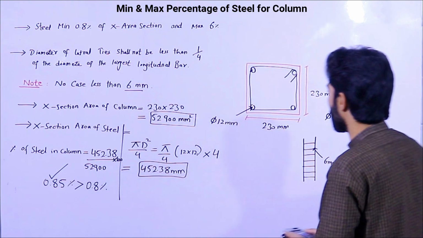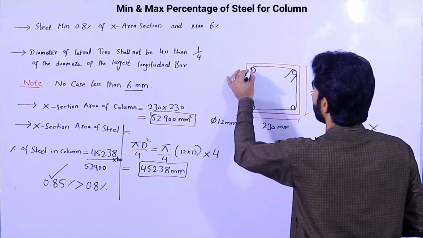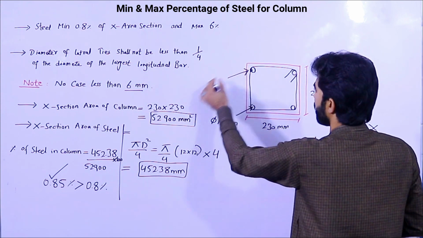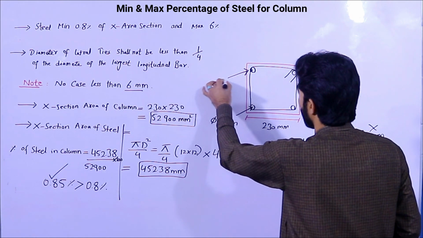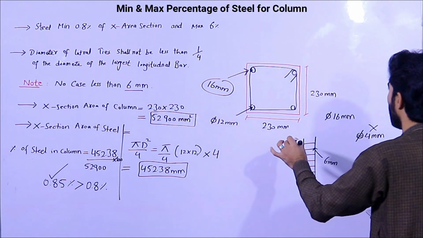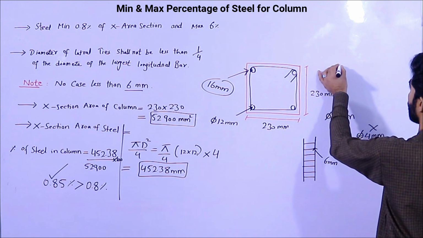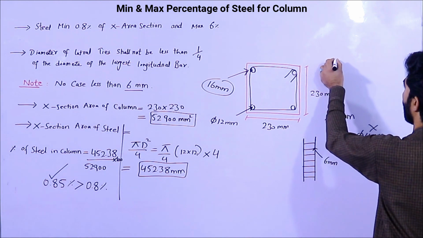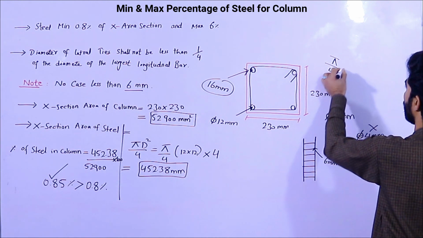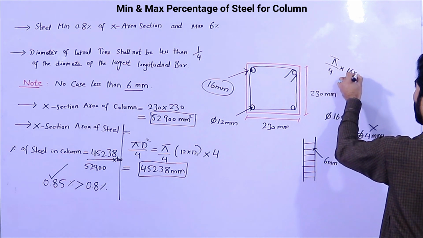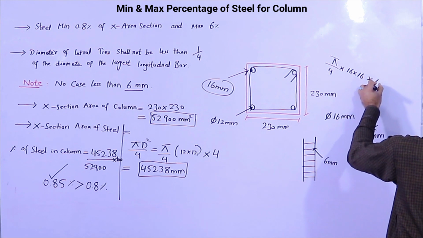Okay, so for example, if I want to use 16 mm dia, okay, so what should be the percentage of steel? Then you can see, for 16 mm when you do its calculation, pi divided by 4 into 16 multiply 16 into 4 numbers.